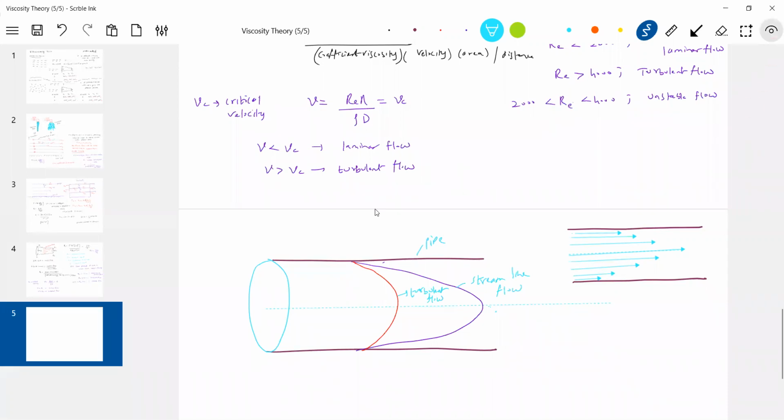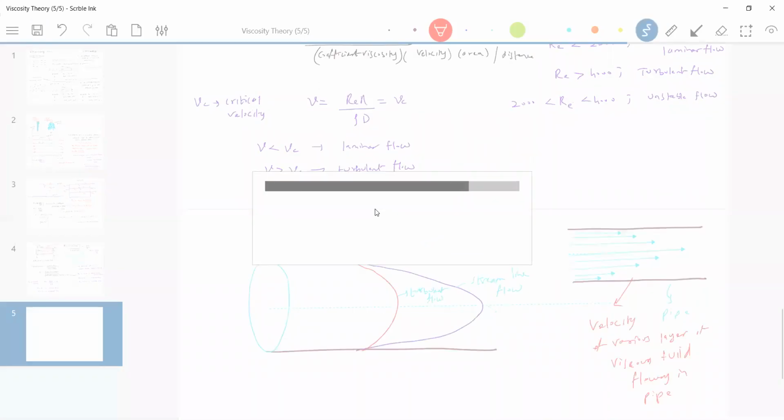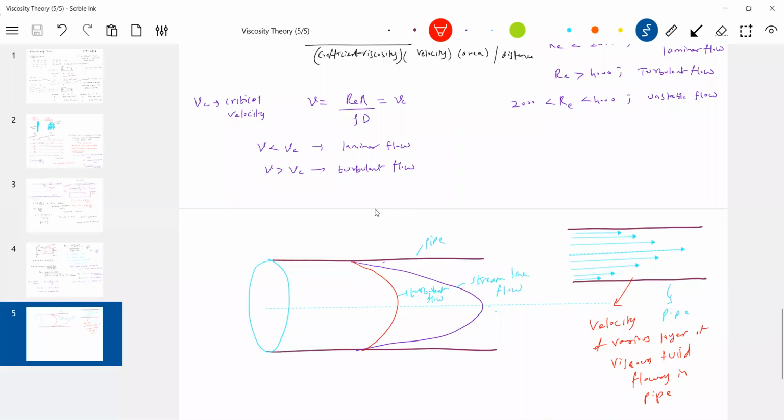If the liquid and this velocity profile, do remember. So there's a pipe. What this diagram shows is the velocity of various layers of viscous fluid flowing in a pipe. Fine. So this is about the theory. We will say goodbye to all this. This is just theoretical information.